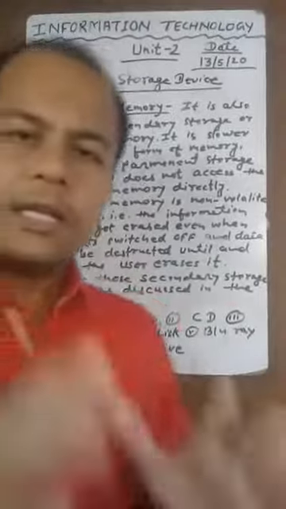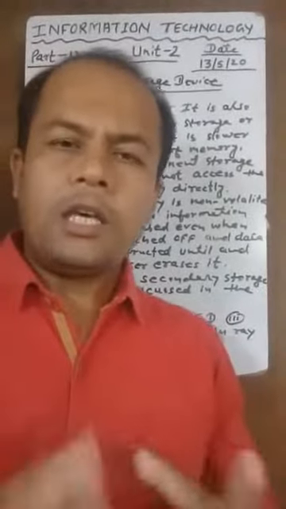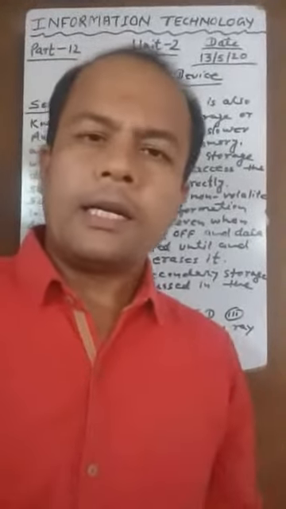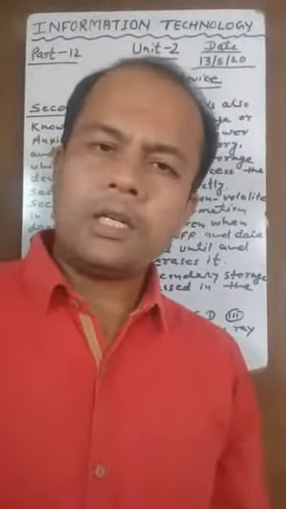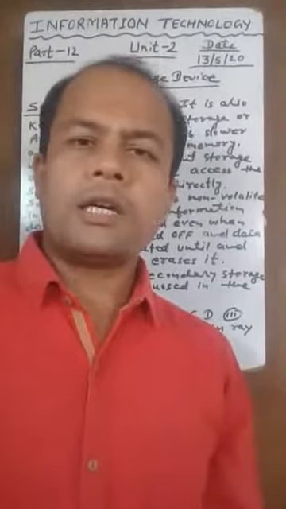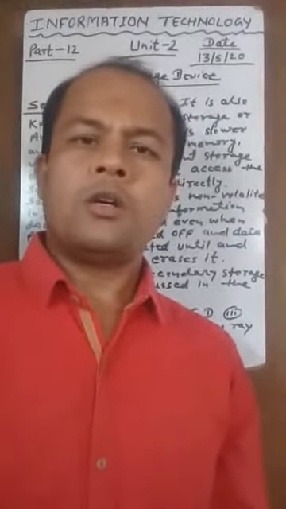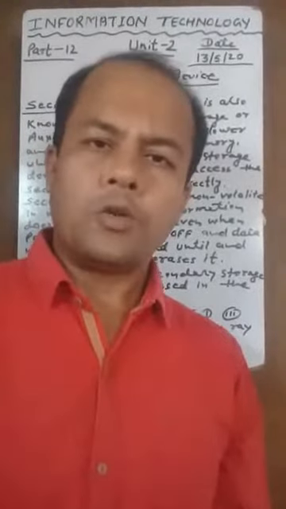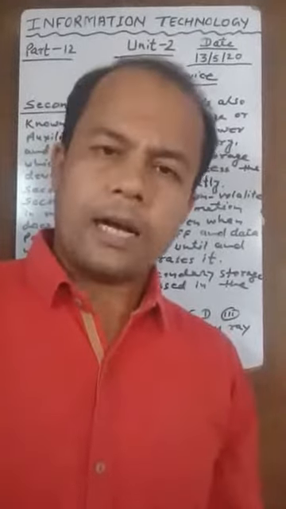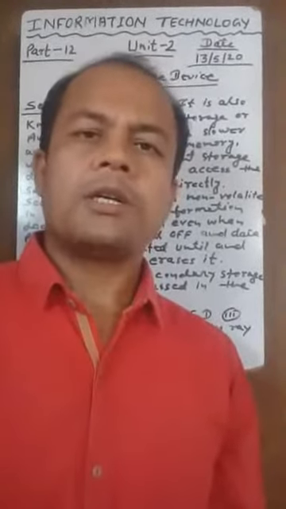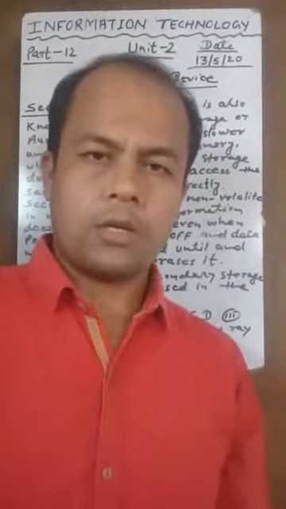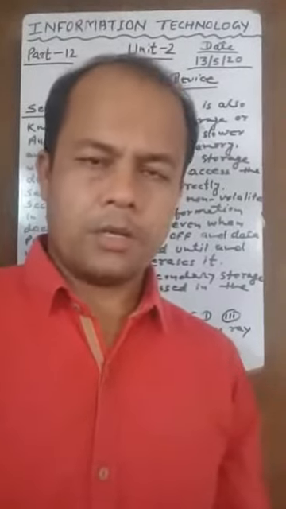That means in secondary memory, if we want to delete the data, then it is deleted. It is not deleted without the user. If the user deletes this data, then the data will be deleted in the secondary memory. This is secondary memory.